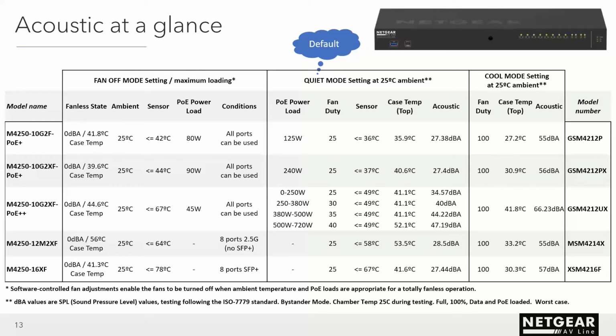Even in a noise sensitive environment, 27 dB, especially when you know that's real ISO standard measurements, worst case, full power, full data on all ports. This is extremely low. So in the quiet mode, which is the default mode, these switches are definitely quieter than anything else we have done before and that we have seen outside.